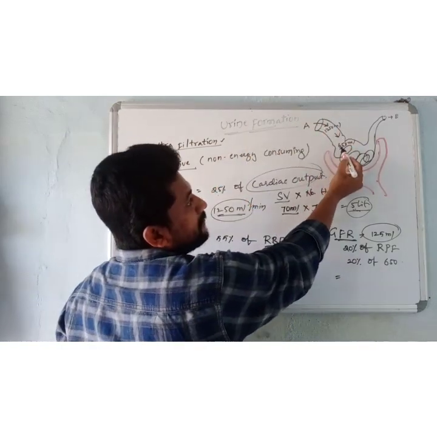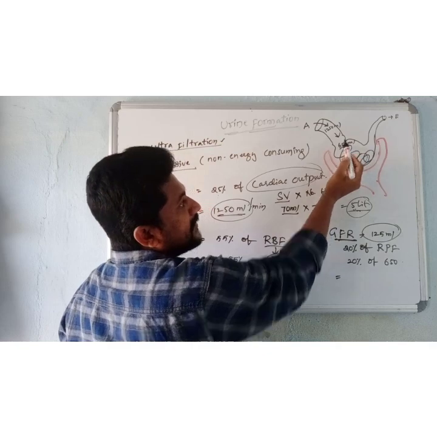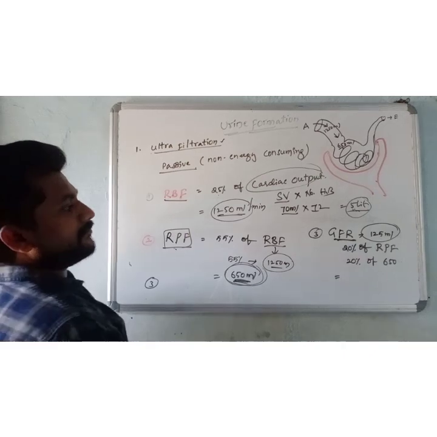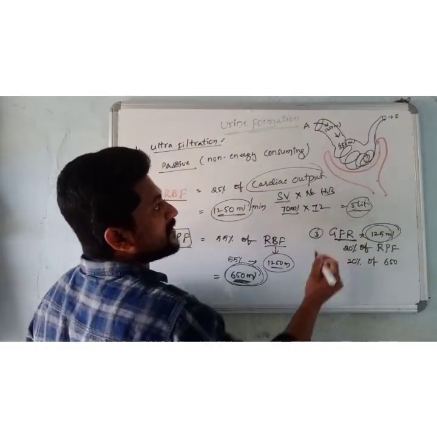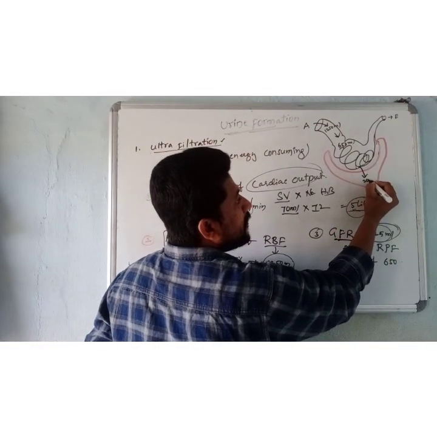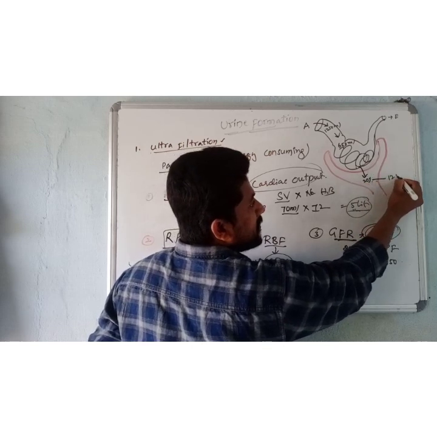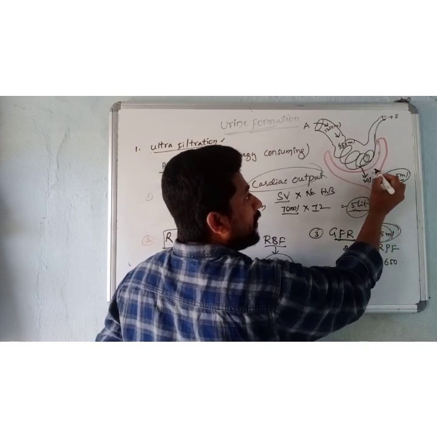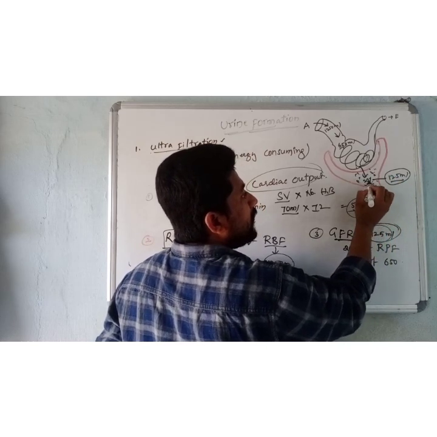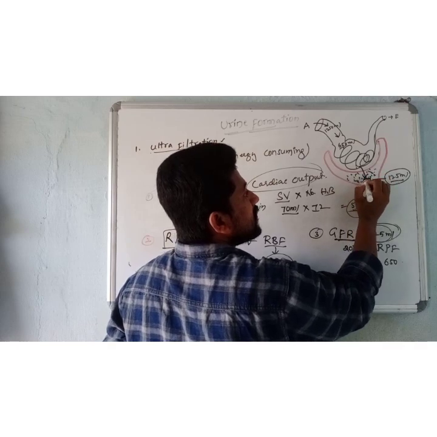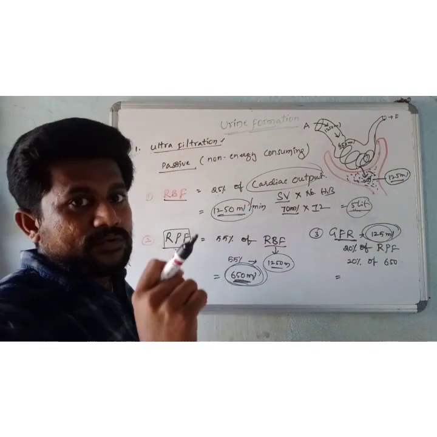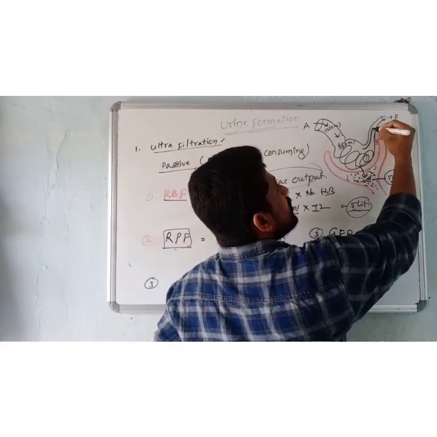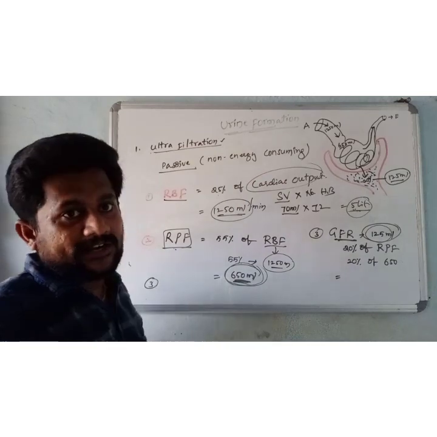So only 55% will be filtrate, nearly 650 ml. Of the 650 ml, only 125 ml, which is 20%, is the primary urine or filtrate formed in the two kidneys. The remaining 80% moves on through the efferent arteriole.